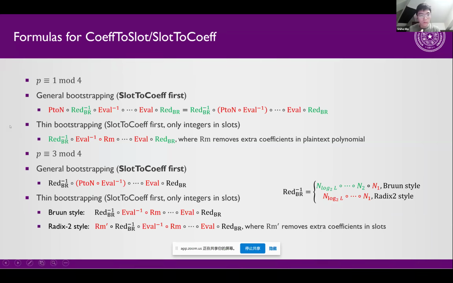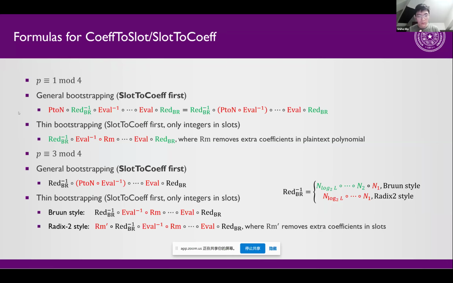When p equals 1 modulo 4, we have an extra transformation called P2N in general bootstrapping. And this is a slot-wise transformation that switches the basis of each Galois ring in each slot from the power basis to the normal basis.